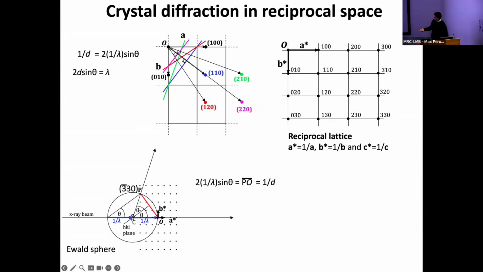This sphere is called the Ewald sphere. So when we rotate the crystal, instead of rotating the crystal, imagine you're rotating the reciprocal lattice around this point. Every time you rotate the crystal, different points come into projection onto the sphere, and only the points that are on the sphere will be in diffraction, satisfying the Bragg equation.